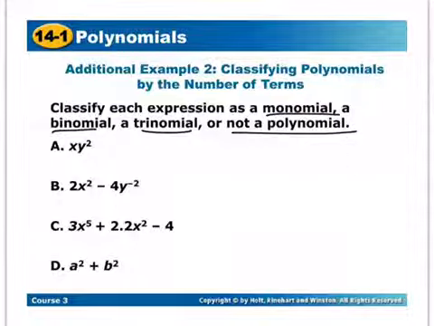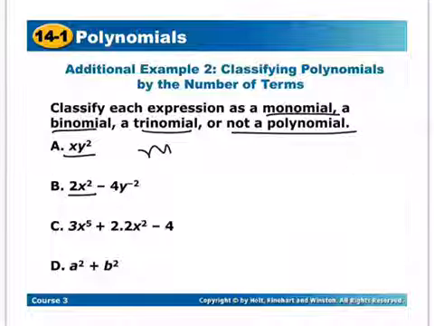Now we know that what separates a monomial from a binomial is a plus or a minus sign. So if it doesn't have a plus or a minus sign, then it would just be a monomial for the most part. Okay, so A. We have no plus or minus. We have a single term, so this would be a monomial.